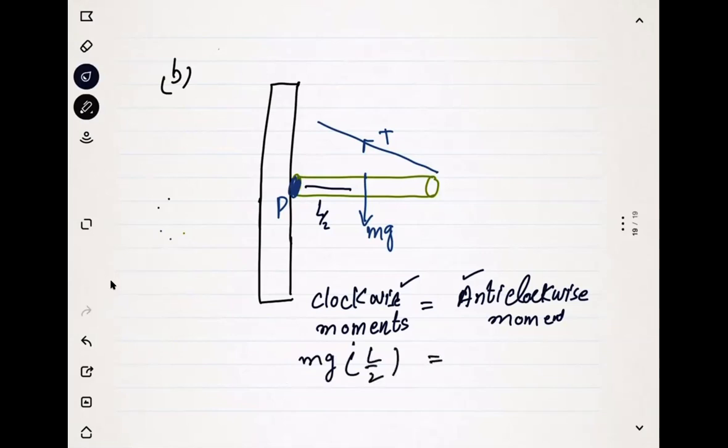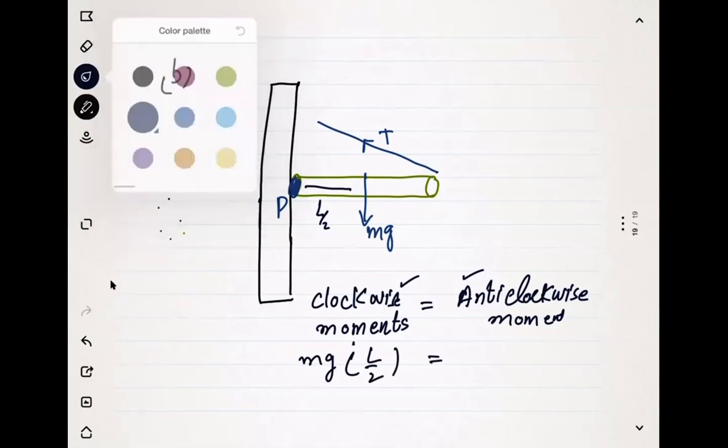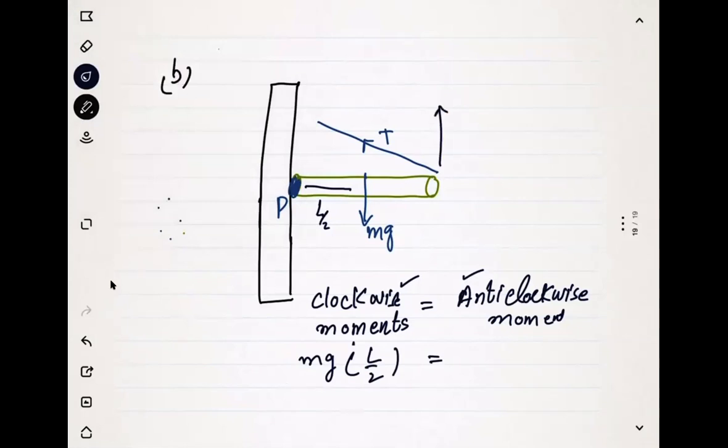The anti-clockwise moment will be, if we resolve T, the two components. So mg times L by 2, that is the clockwise moment, will be balanced with the anti-clockwise moment.